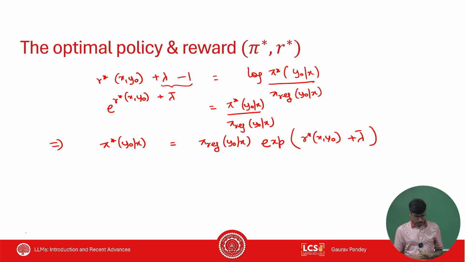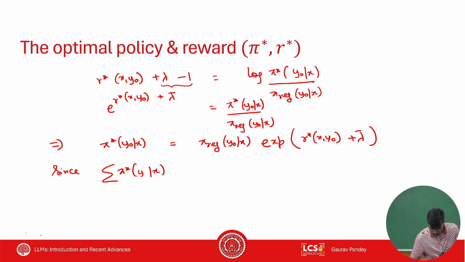Now how do I get rid of this lambda bar? Anybody? We had a constraint in the beginning, right? That pi star should sum up to 1. Since pi star is a probability distribution, it should sum up to 1 over all the outputs.